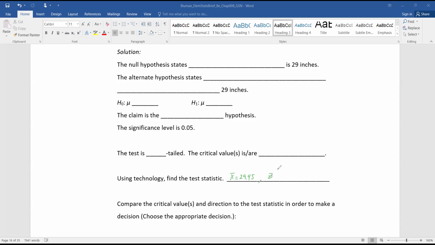So the z-score would be 29.45 minus 29, which was the population mean, divided by the standard deviation of 2.61, divided by the square root of the sample size of 30.